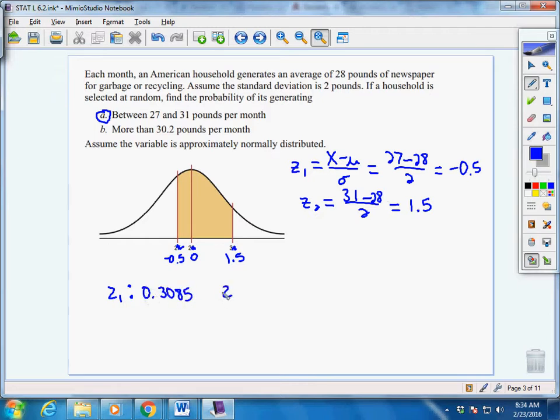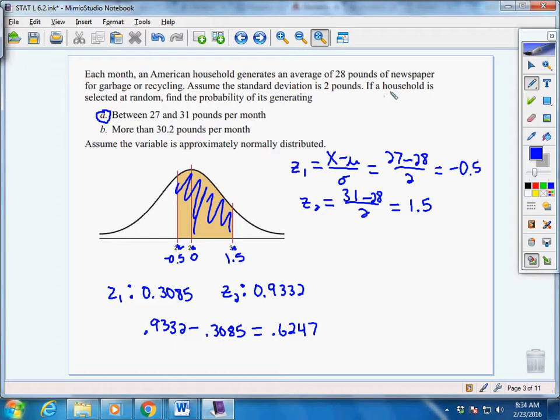And our second z-score, which correlates to 31 here, or 1.5, is going to go to 0.9332. The reason drawing this bell curve is helpful is because we can see here we want the area between those two numbers. So we know we just have to subtract them. And when you do that, you get 0.6247.